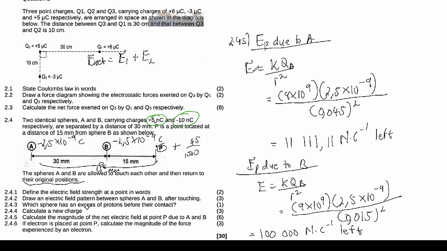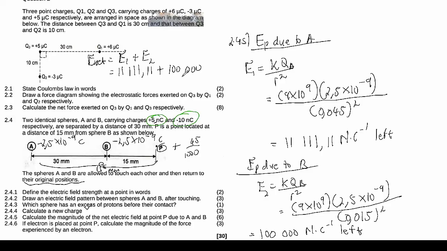So if we take this one as E1, then this one is E2. That means we must say 11,111.11 plus 100,000, right? So let's add that together.